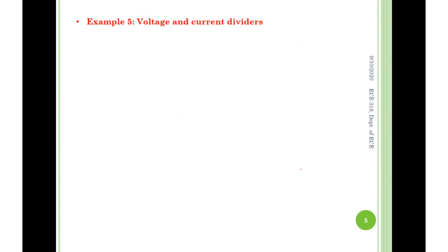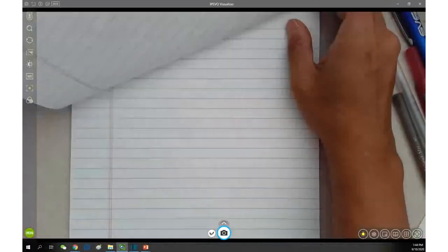Right, next thing very important in 235 is the voltage and current dividers. I'm going to go to the doc cam so we can write some notes here. Voltage and current dividers. Trust me, it could be very easy, but sometimes it could be very confusing.